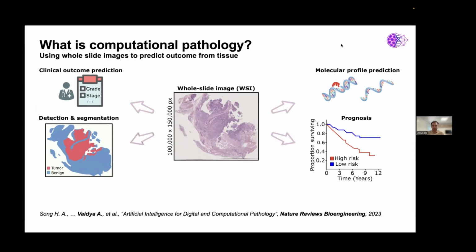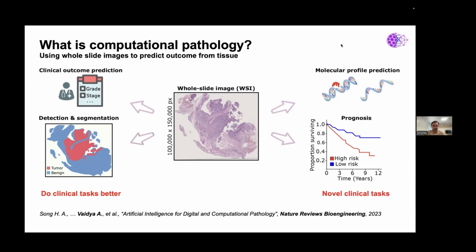But focusing on cancerous whole slide images, what can we do with these slides? Once these slides are digitized, they enable us to do quite a lot of interesting things. And I like to bucket them into two categories. The first is they can help us do clinical tasks better, such as predicting some clinical outcome or detection and segmentation of regions of interest, as just two examples.